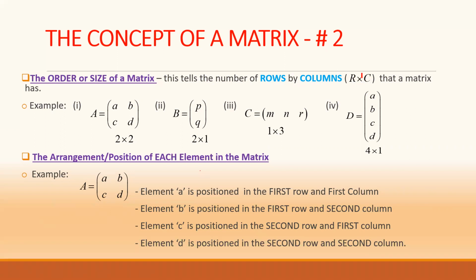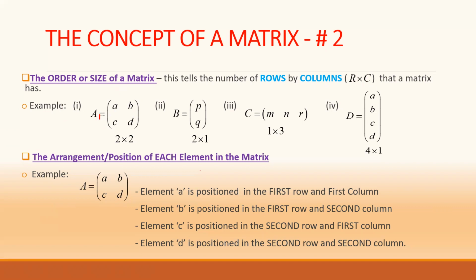So the times symbol here basically means by. So when you're reading it, you must say row by column, not times. Okay, guys? So the order, the size of a matrix tells the number of rows by the number of columns that the matrix has. Okay, so let's look at these examples here.